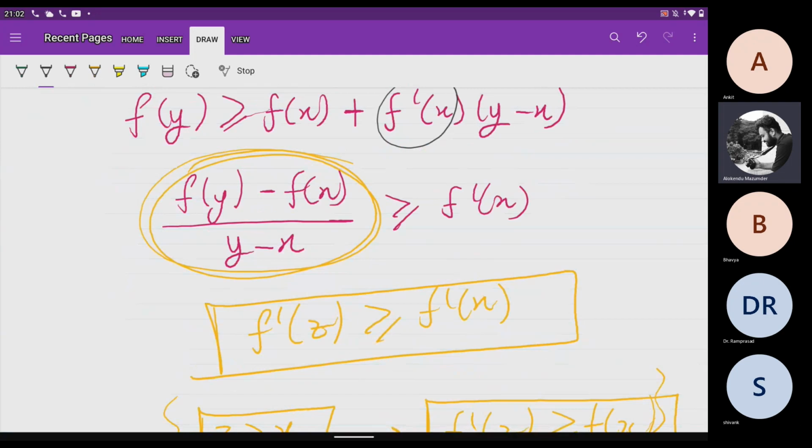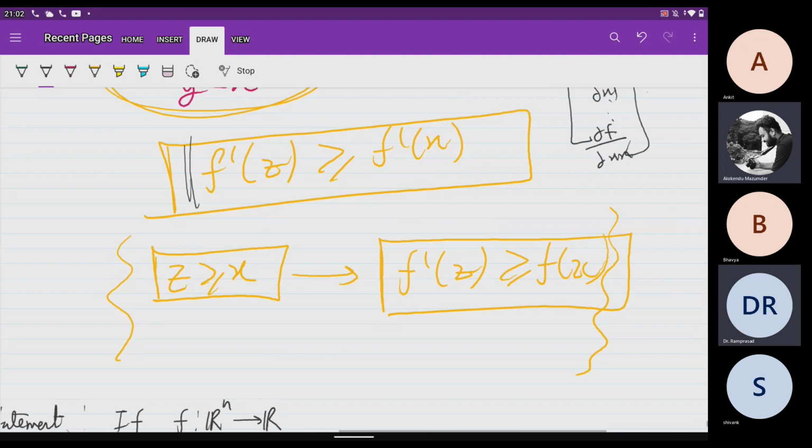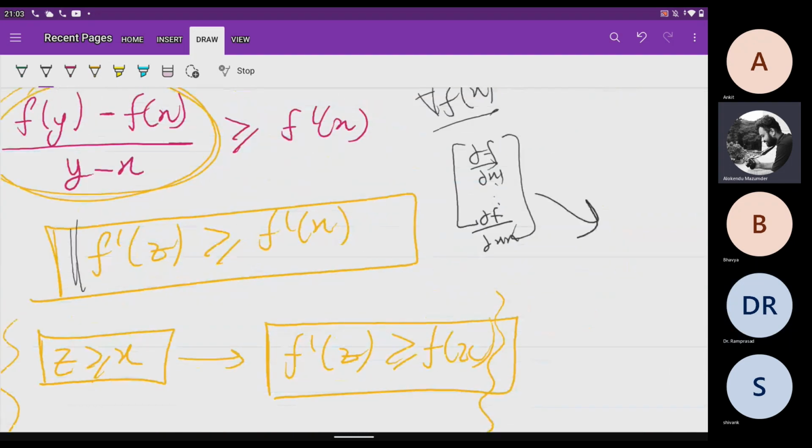Okay, in the multidimensional case, your gradient of x will be like this, del f by dx1 up to dxn, and basically you have to take a norm of your gradient.